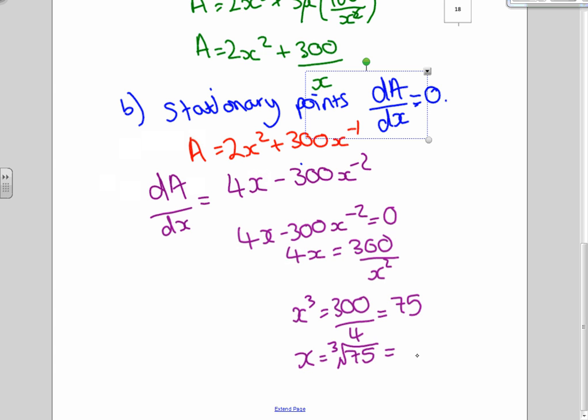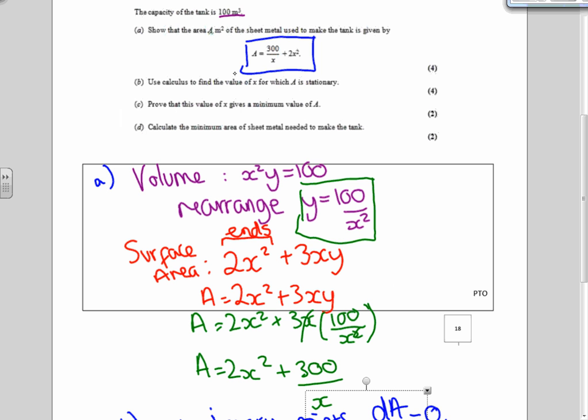And if you put that into your calculator, we come out with 4.22. Okay, so when x equals 4.22, we have a stationary point. And because we are only asked to find the value of x for the stationary point, we've finished with part B. So for part C, we're asked to prove that the value of x gives a minimum value of A.